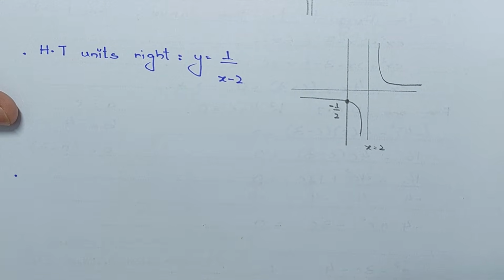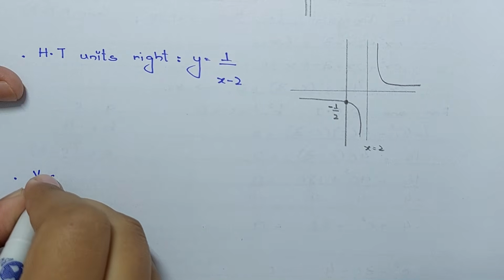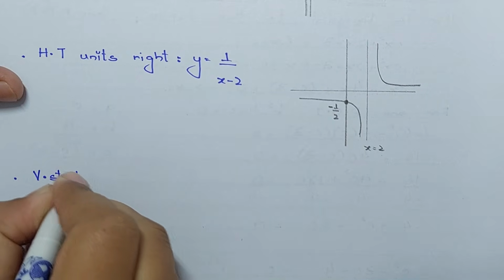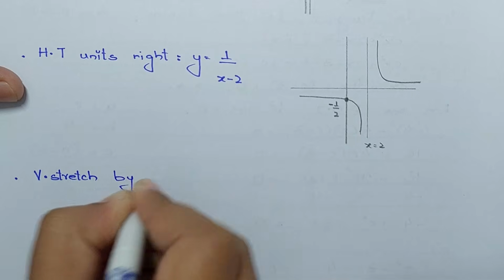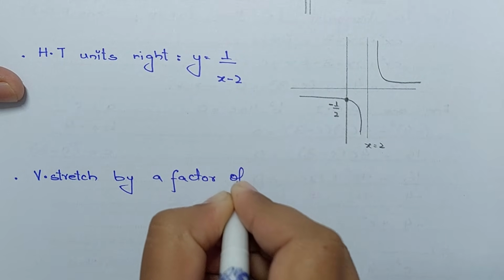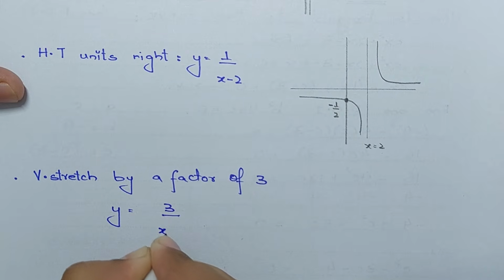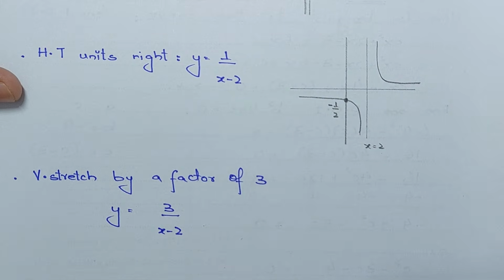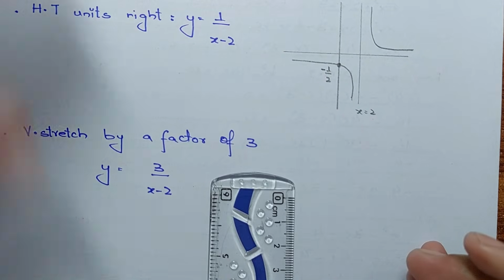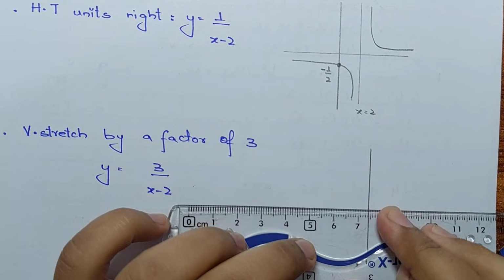It means we have a stretch in the y direction, a vertical stretch by a factor of 3. y would be equal to 3 over x minus 2. So this whole function is multiplied by 3, meaning the y coordinates are multiplied by 3, and the x coordinate stays the same.